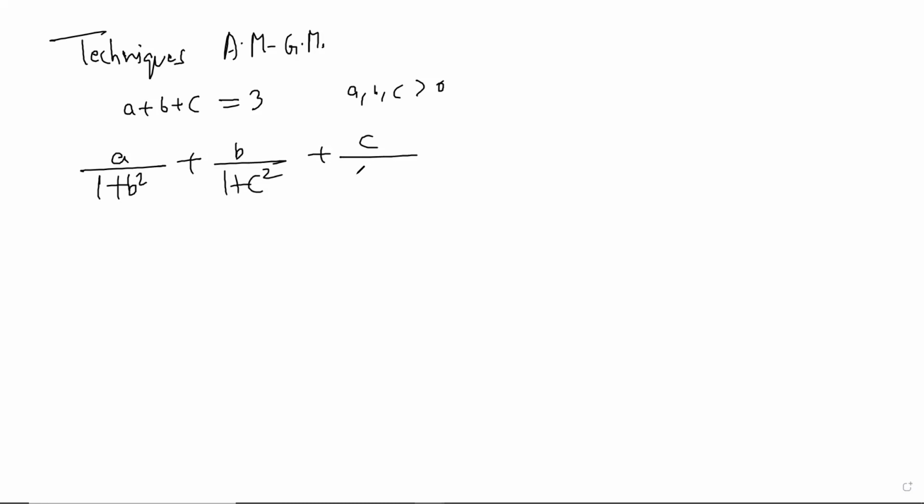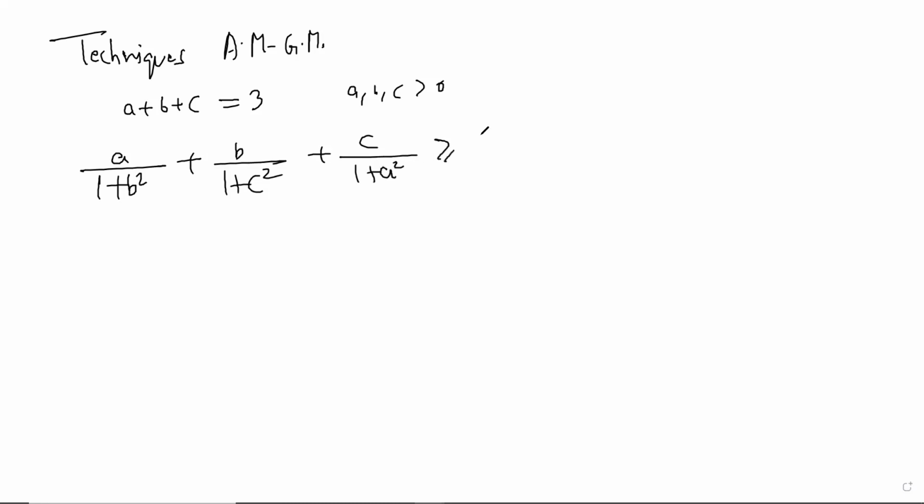Let's just start with the problem. There's no theory here, just the problem. We have three numbers a, b, and c, which add up to 3, and obviously these are all positive numbers. What we want to show, or it can be put in a different way as find the minimum of, but I just write it like this, is a cyclic inequality: a/(1+b²) + b/(1+c²) + c/(1+a²).